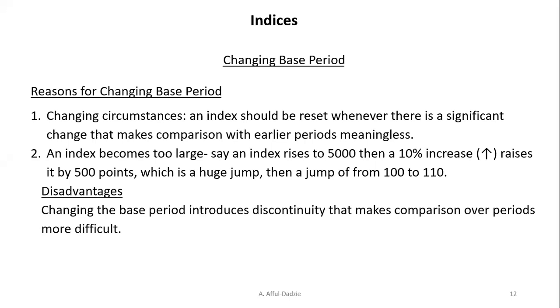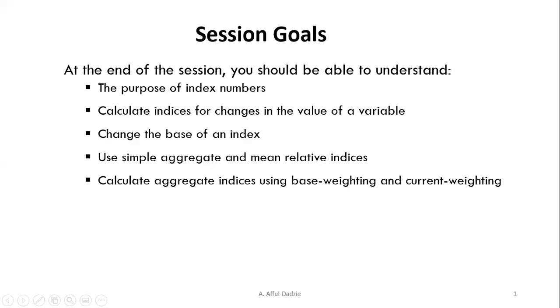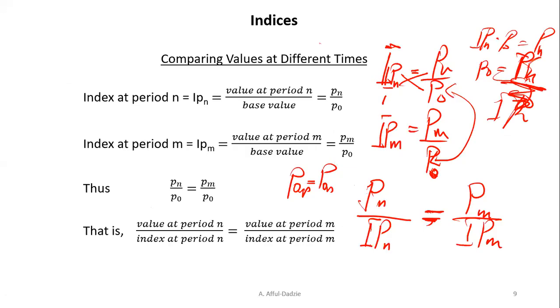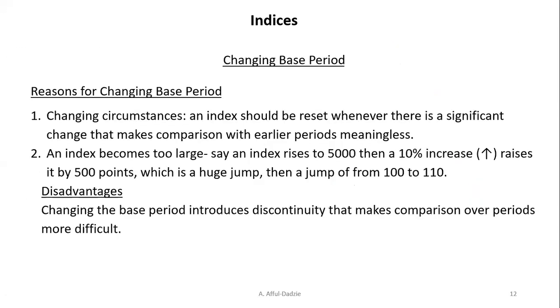However, changes that occur in the base periods introduce issues of discontinuity, and it makes it difficult to make some comparisons. A typical example is that when we have a certain political party in power, they would compare performance against the immediate past period. And you hear it on the radio all the time.